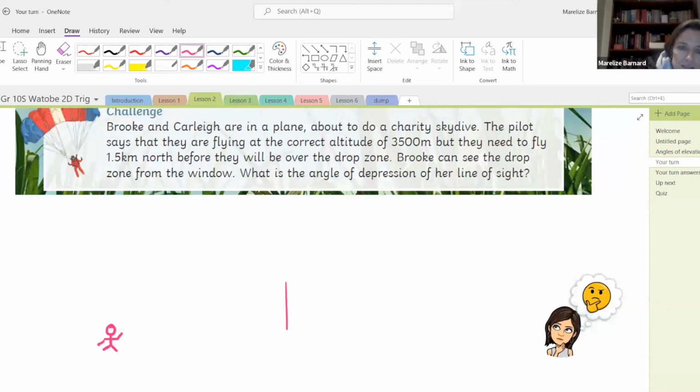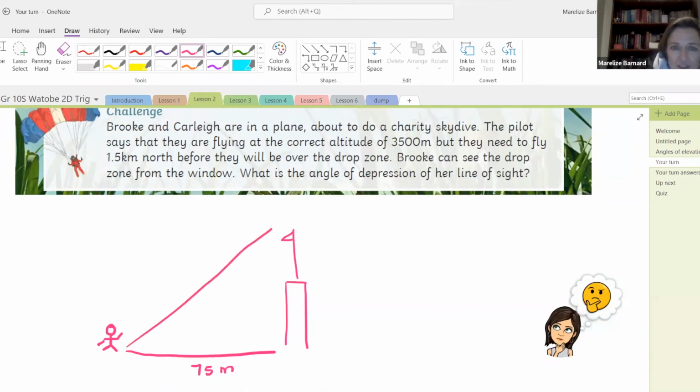And here's this castle with the flag. And it says here that Sammy is 75 meters away from the castle. So this distance is going to be 75 meters. And the angle of elevation is 18 degrees, I believe. Yeah.